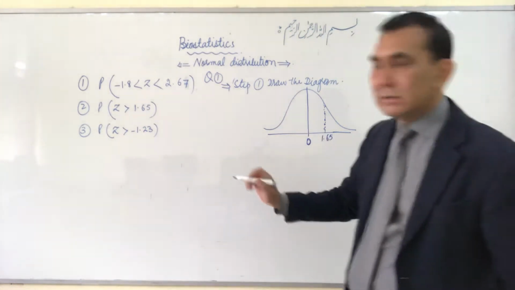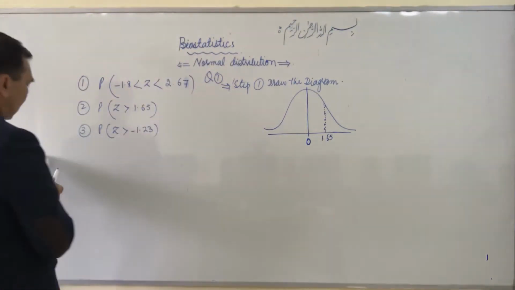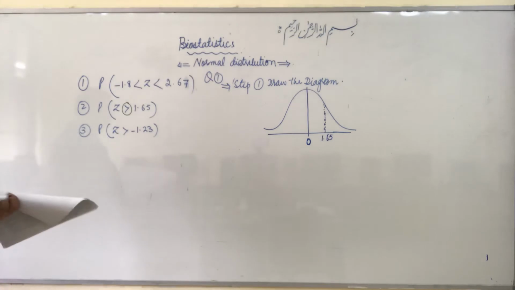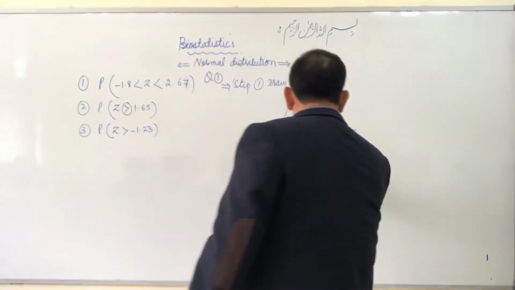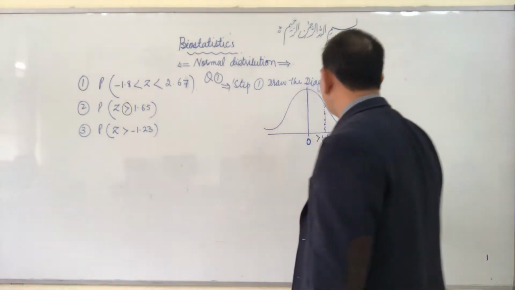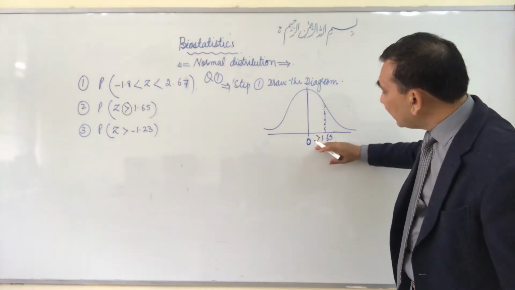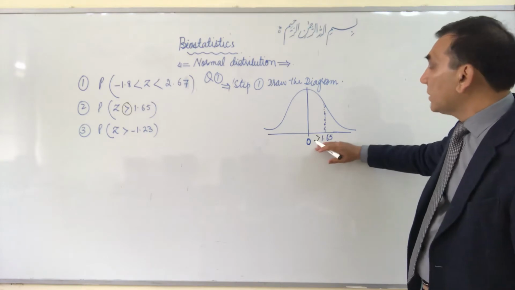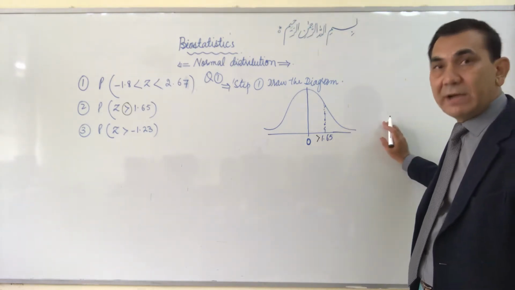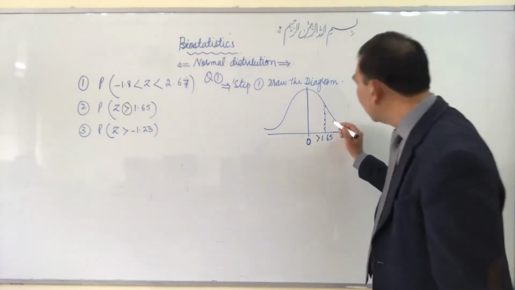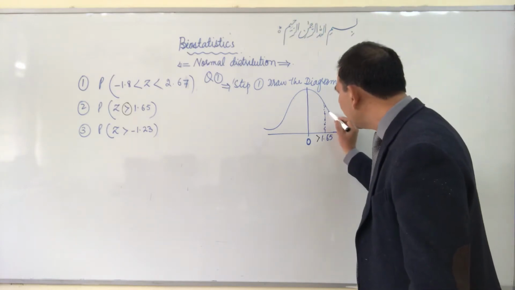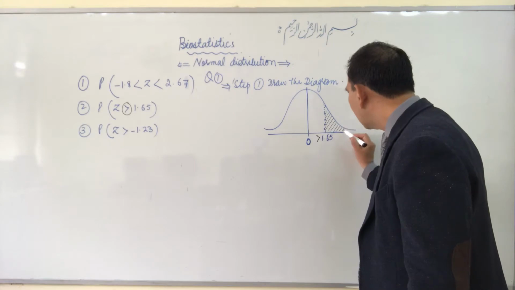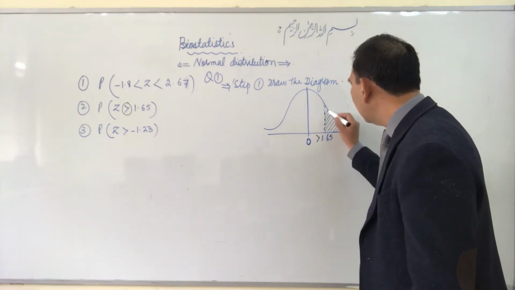Now what is the question asking? It says what is the proportion which is higher, which is above the 1.65. So definitely it is asking about this area.